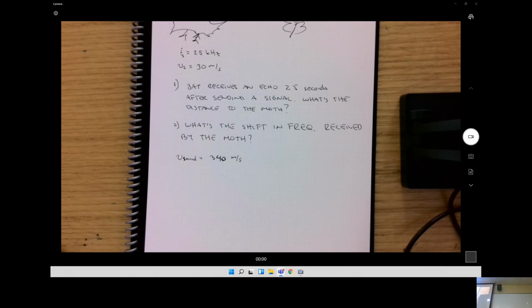That's 2.5, sorry. So it's going to be half of 2.5 to get to the moth, and half of that to come back. The velocity is the speed of sound, because it's the sound wave that is traveling.